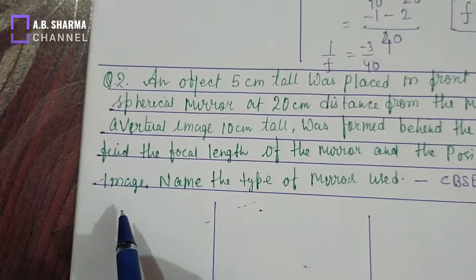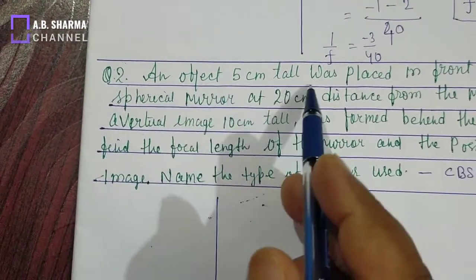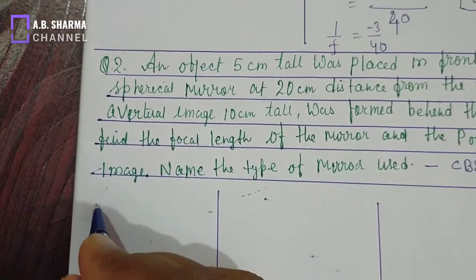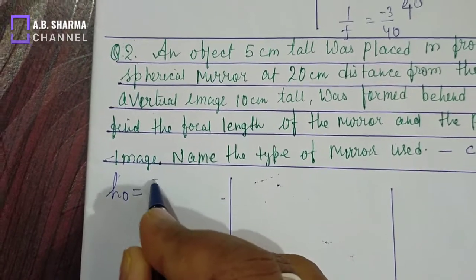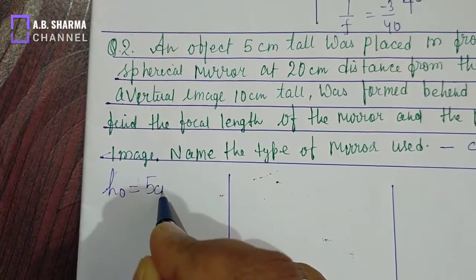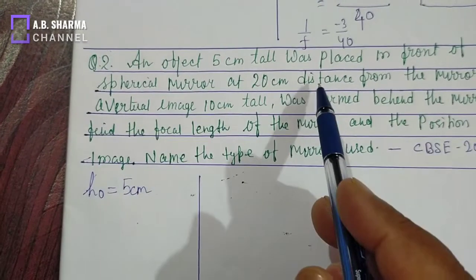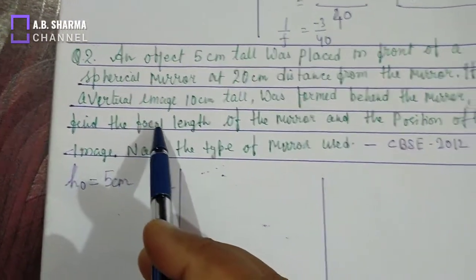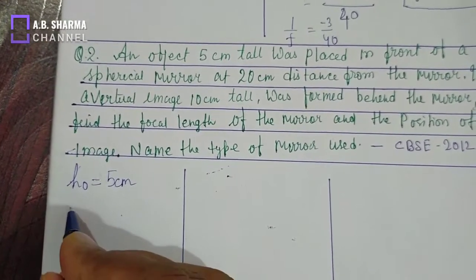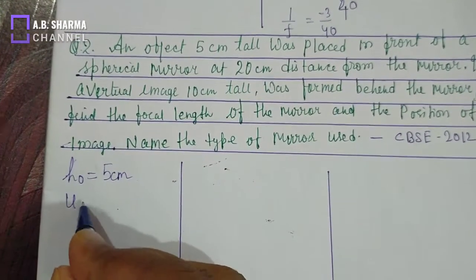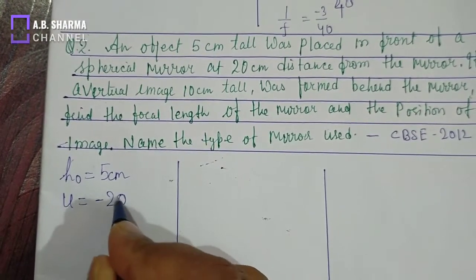First I will write the information provided by the question, that is 5 centimeter tall means HO is given, height of object 5 centimeter, and was placed in front of 20 centimeter distance from the mirror, and object distance is denoted by U and it is negative, that is U equals to minus 20 centimeter.